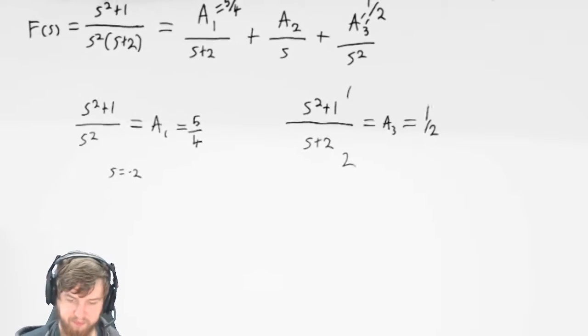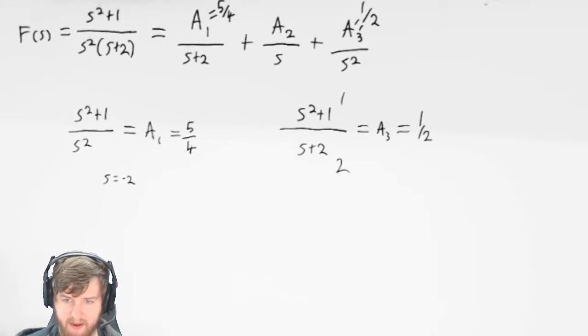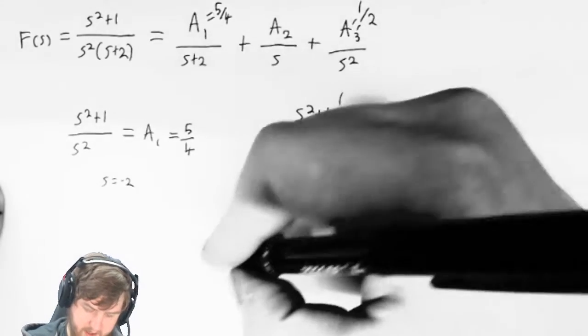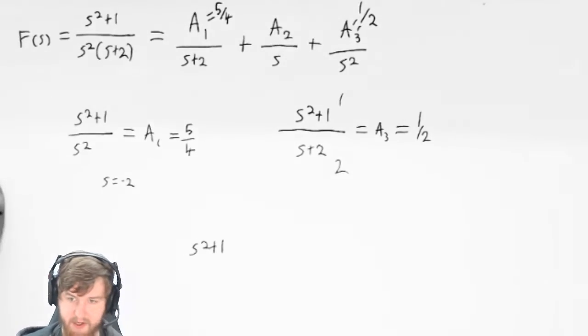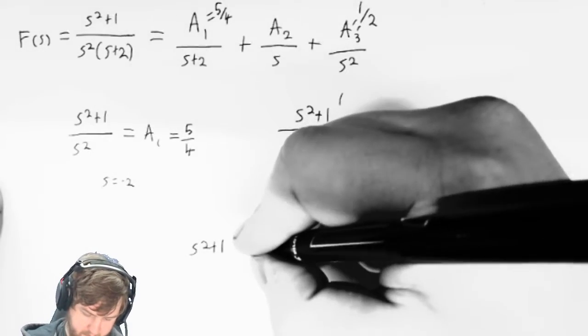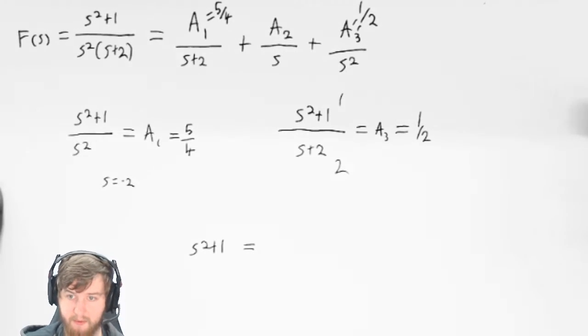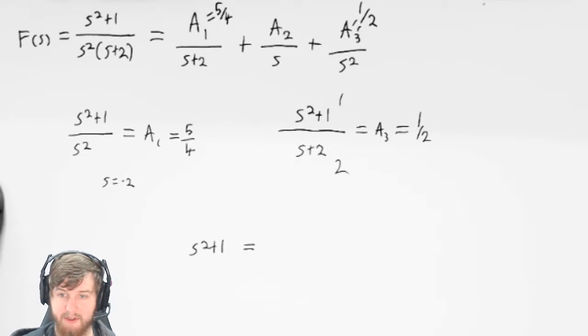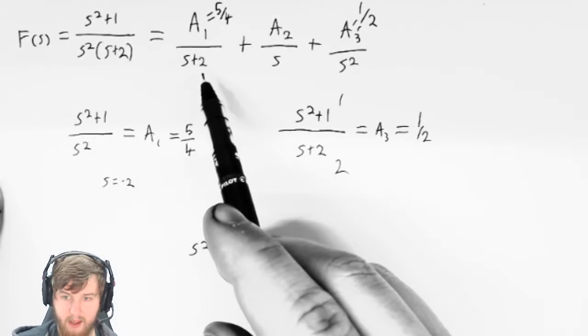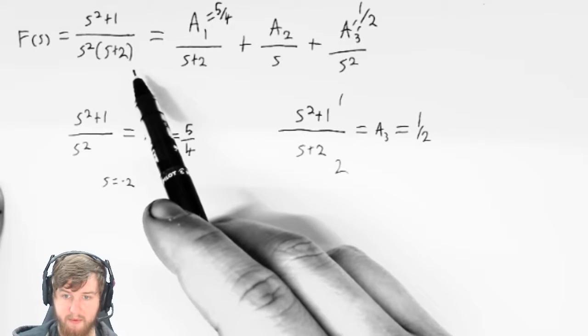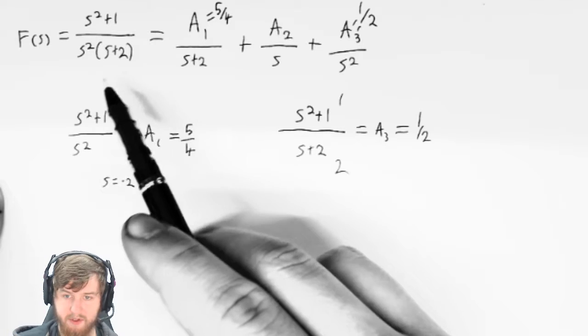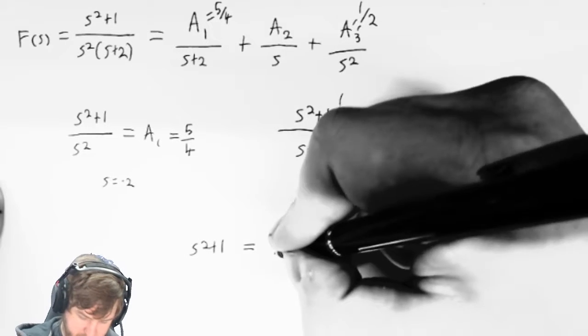So if we multiply everything out, we're going to end up with s squared plus 1, because our denominator went away, is equal to, now the s plus 2 on the bottom of our a1 is going to cancel out with that s plus 2. So we'll just have s squared times a1.